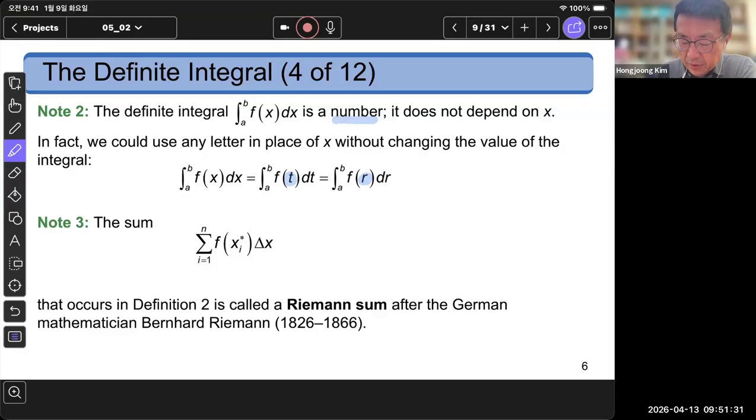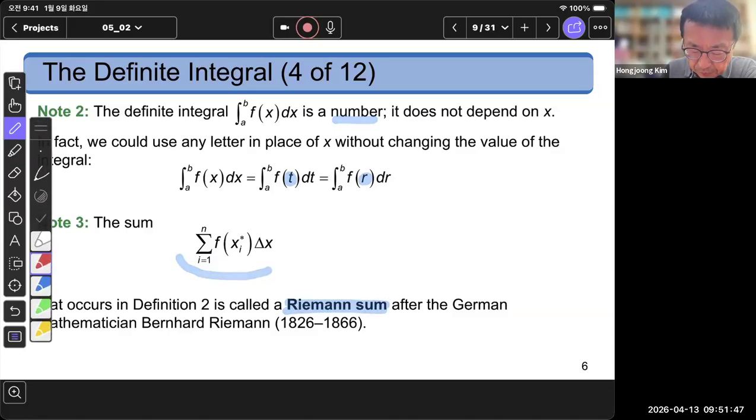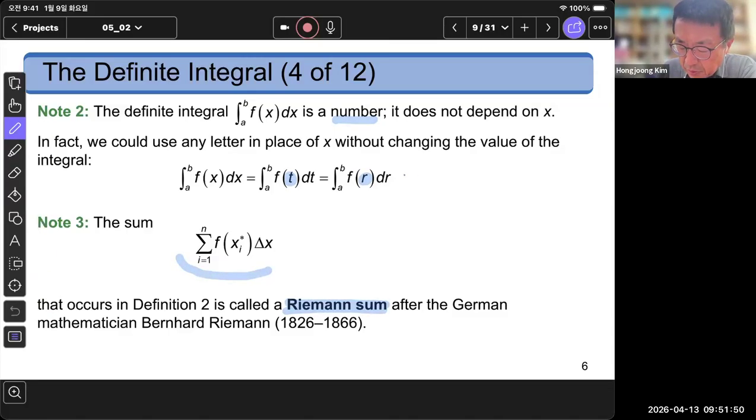Now, as I said, this definite integral is the limit of this summation, and this summation is called a Riemann sum of this function f. So the definite integral is the limit of a Riemann sum, if the limit exists.